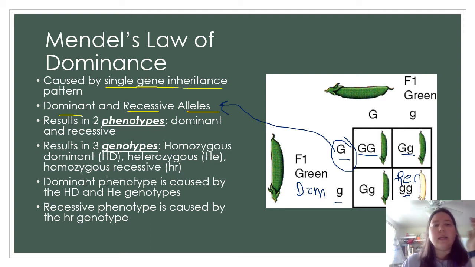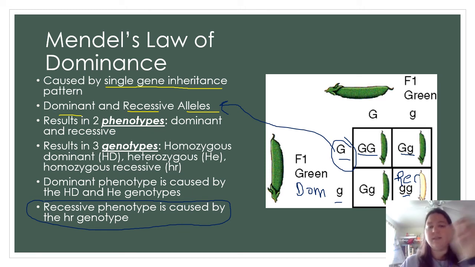Now in this case, with Mendel's law of dominance, this is the important part here. The recessive phenotype is only caused by the homozygous recessive genotype. That's it. Whereas the dominant phenotype is caused by the homozygous dominant and the heterozygous genotypes.